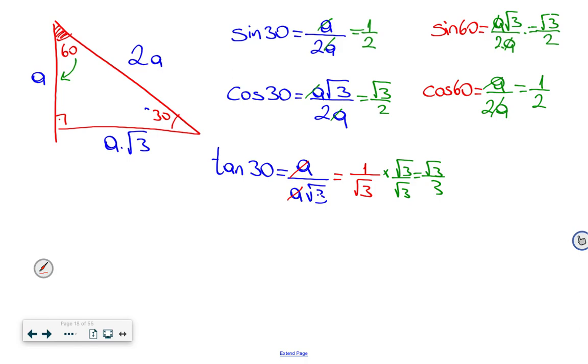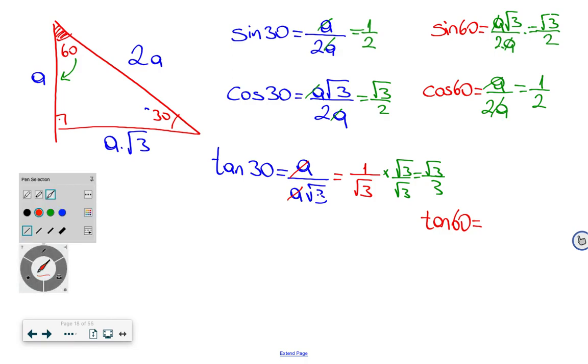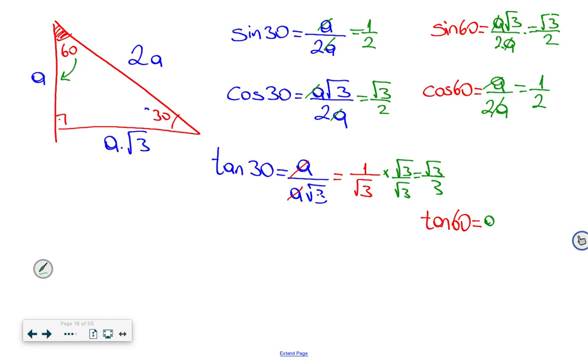The last one is tangent 60. Tangent function is opposite over adjacent. Opposite is A radical 3 over adjacent, which is A. When you simplify the A, you will find radical 3 over 1.